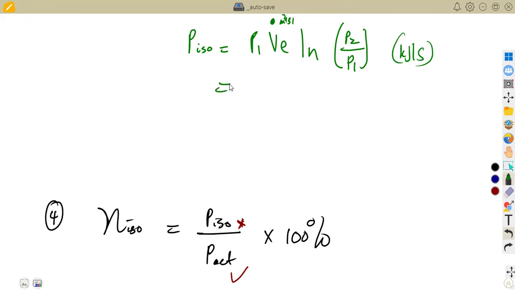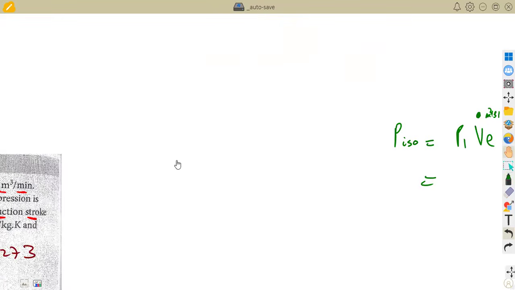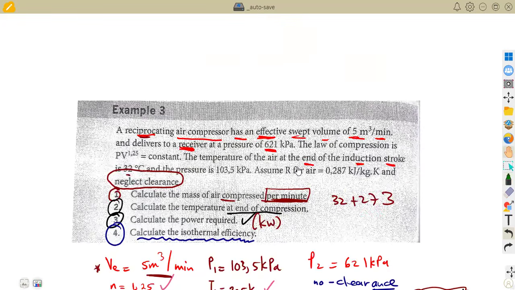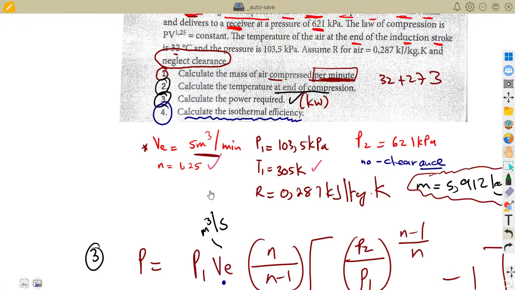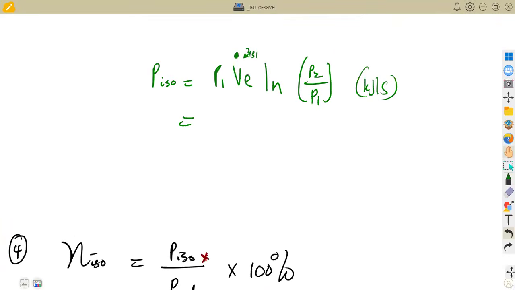So that's P1. Remember the input pressure, guys. It was 103.5. Yes, those inlet 103.5. VE was 5 cubic meters per minute, so we have to convert those values there, but it is needed per second.